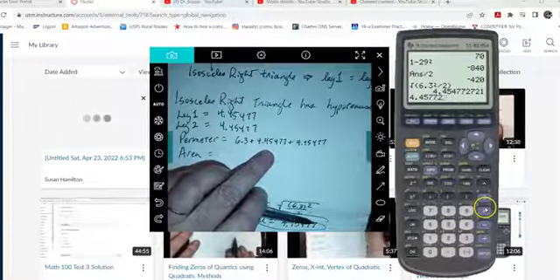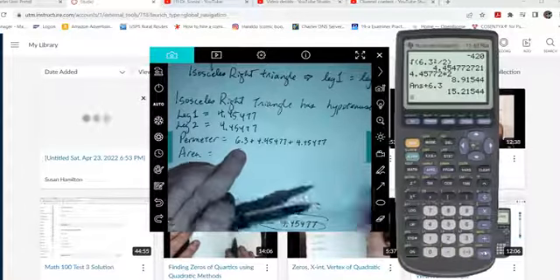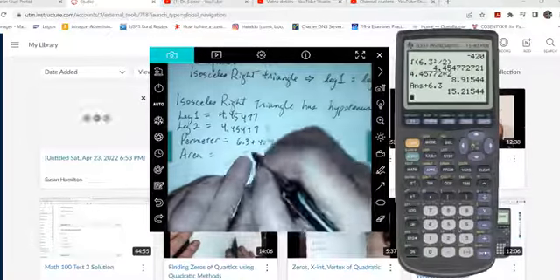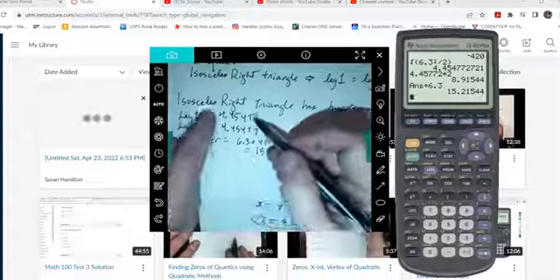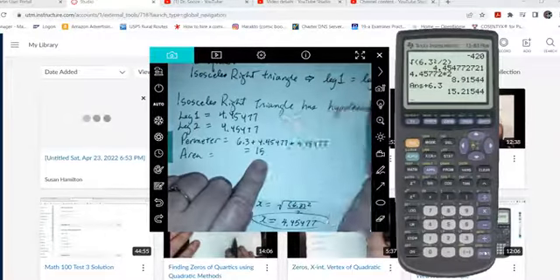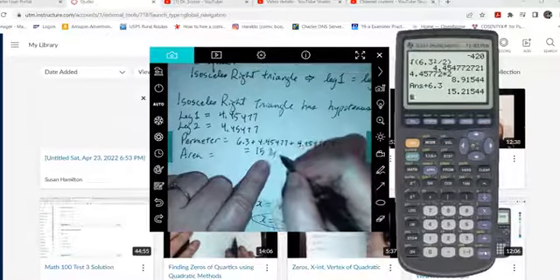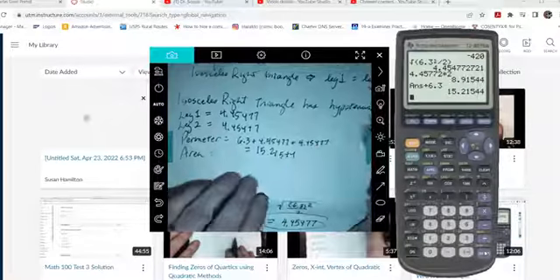I might do times 2 instead of adding it again, and then plus 6.3. So thereabouts. If your answer was not accepted, then you might have to go back and take it to even more decimal places, but surely taking it to 5 places should be enough. So perimeter is easy enough.